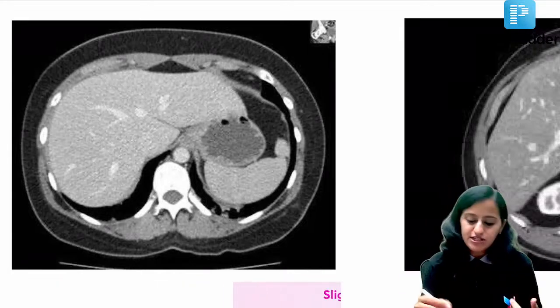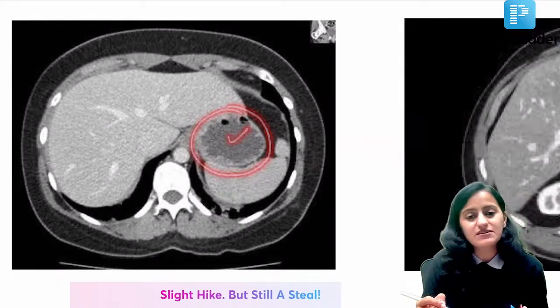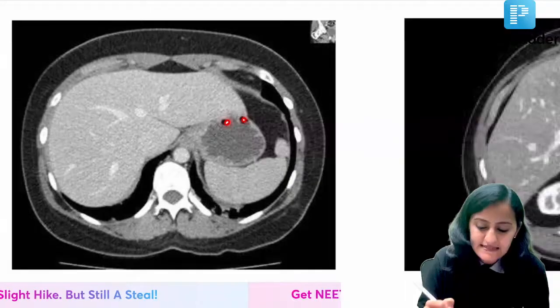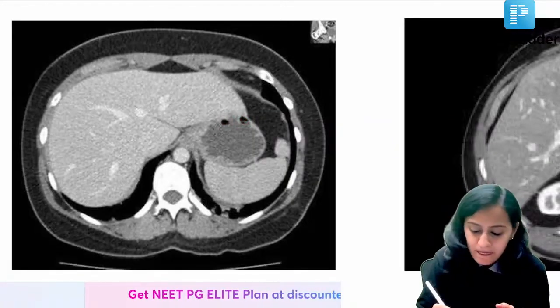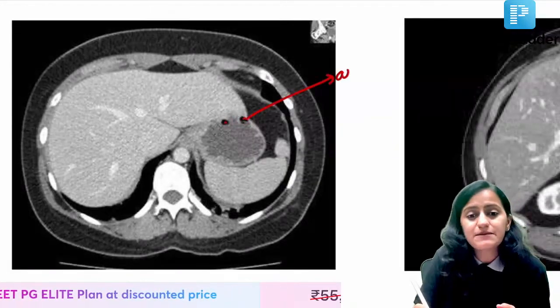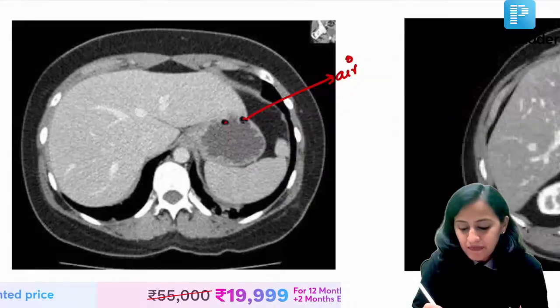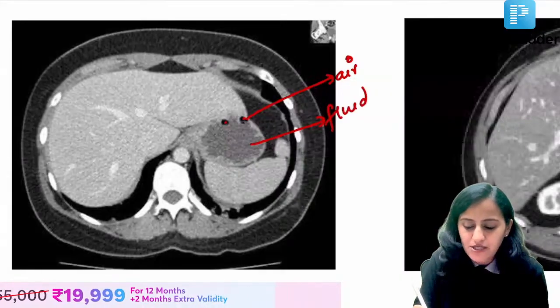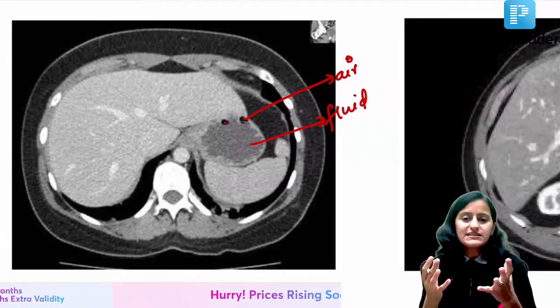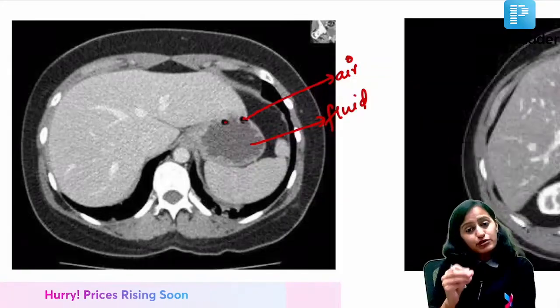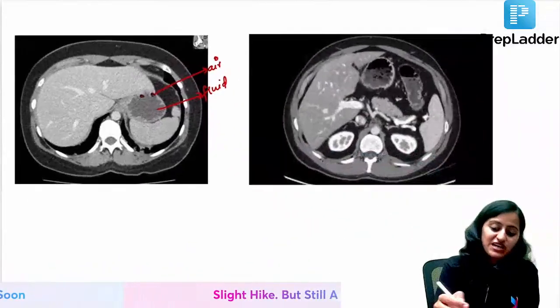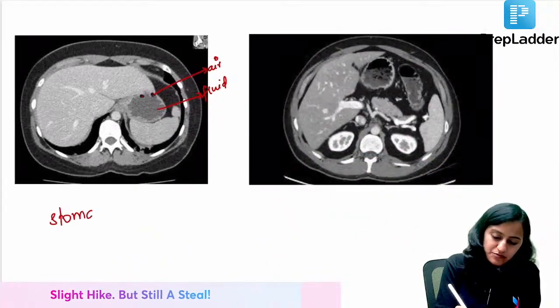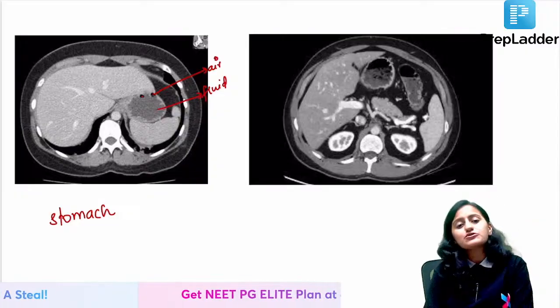So think logically. This structure which you are seeing here, first of all, it is gray and it has some jet black areas also. What does jet black on CT represent? It represents air. What does gray represent? Water, fluid. So logically thinking, what will have both air and fluid? It is going to be a GIT structure. This is going to be stomach.